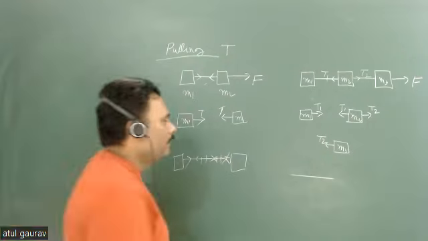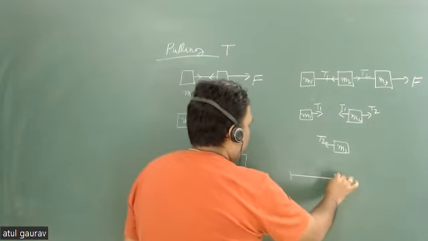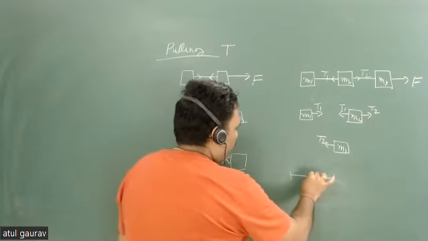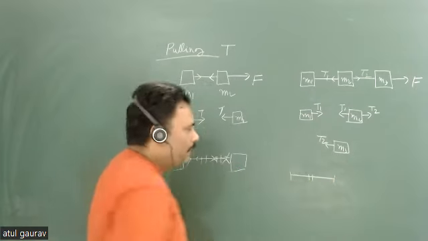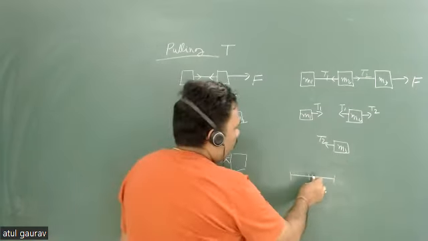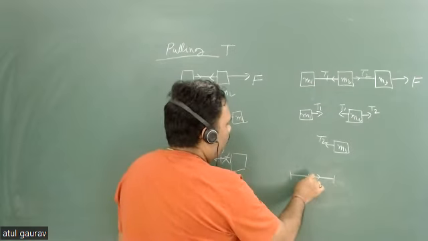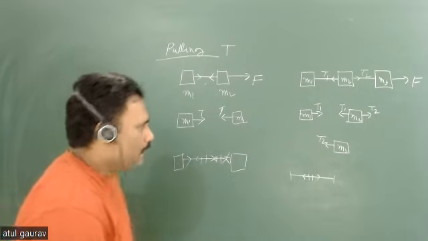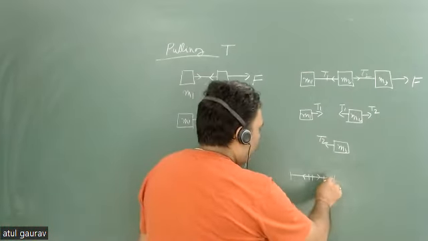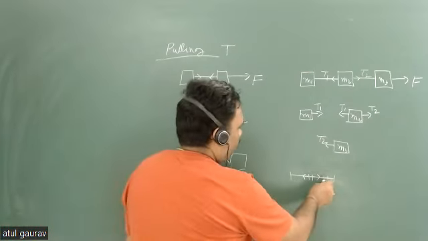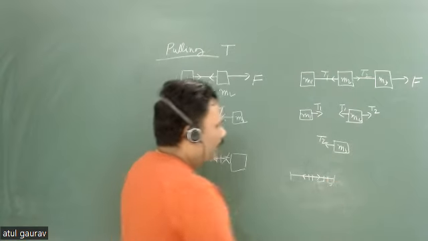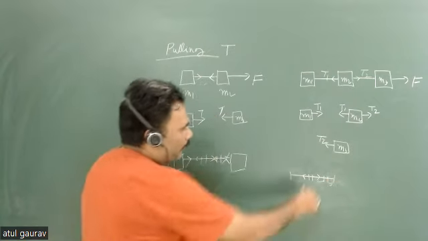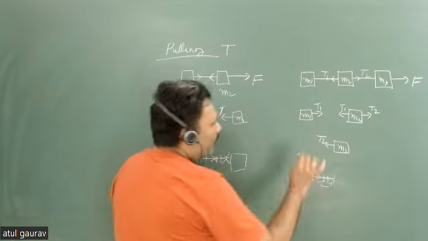Here is an end, here is an end. Take any segment of a string. Tension means tearing. You are tearing it here, tearing it here. Are you comfortable? Now again you take another segment, tearing, tearing. What will happen? This one and this one will cancel each other.